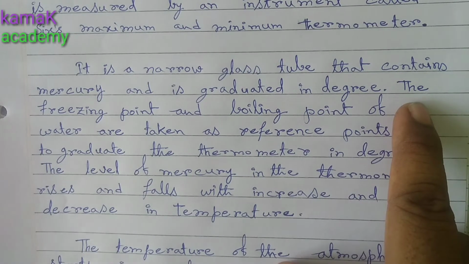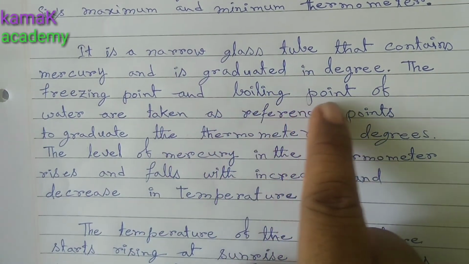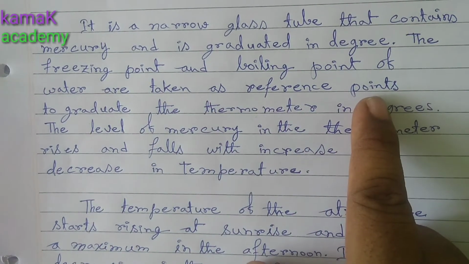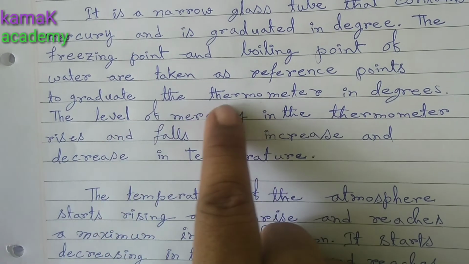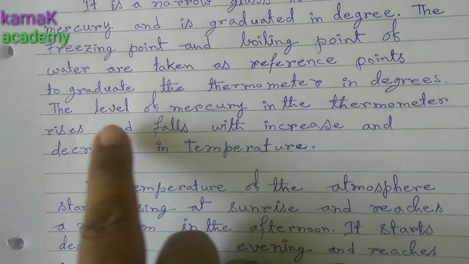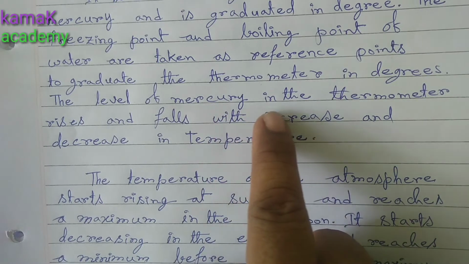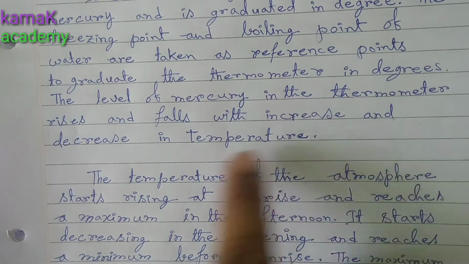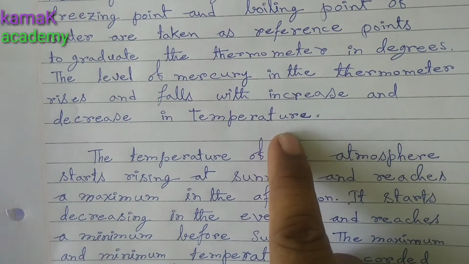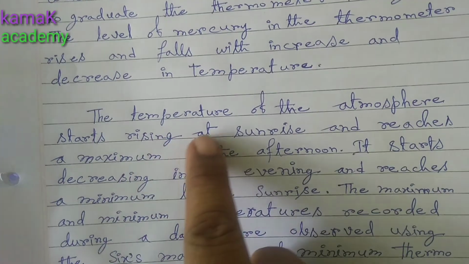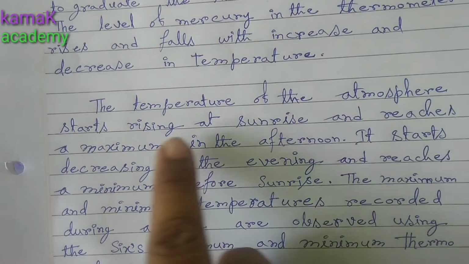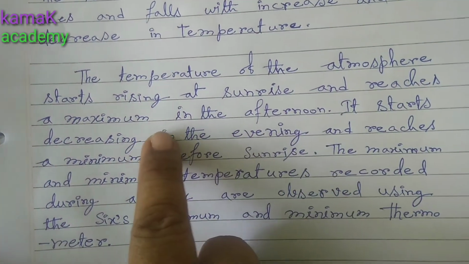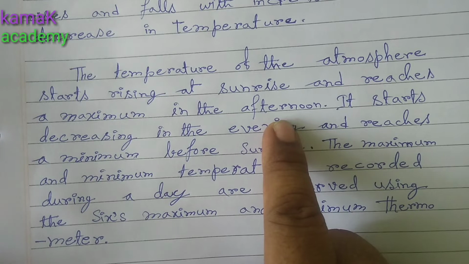Full stop. The freezing point and boiling point of water are taken as reference points to graduate the thermometer in degrees. The level of mercury in the thermometer rises and falls with increase and decrease in temperature. Next para. The temperature of the atmosphere starts rising at sunrise and reaches a maximum in the afternoon.